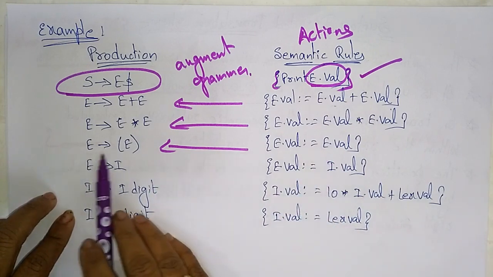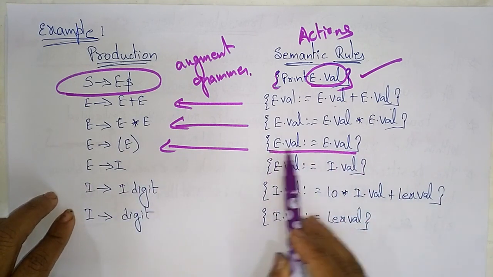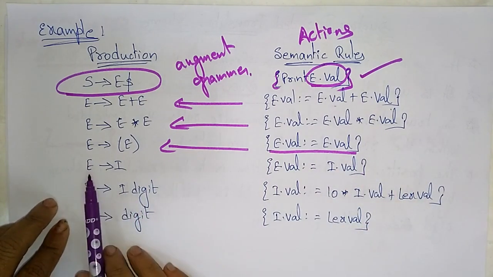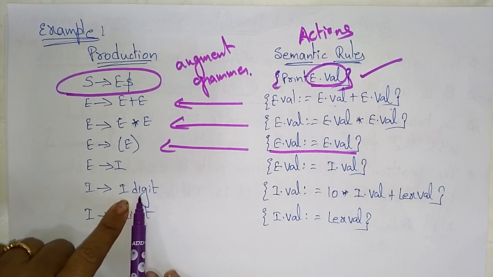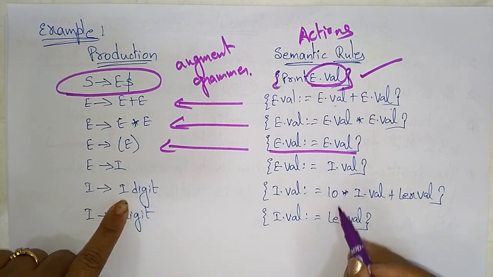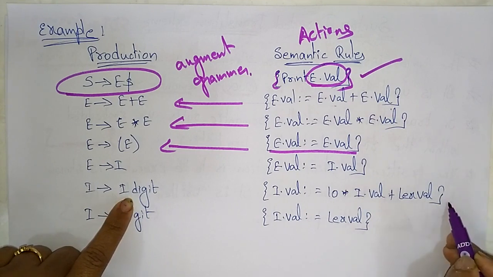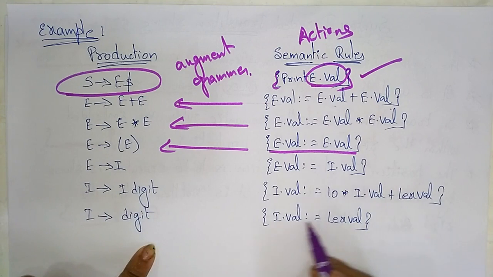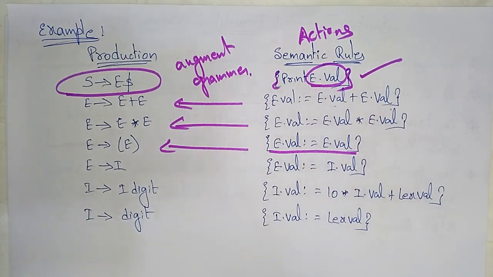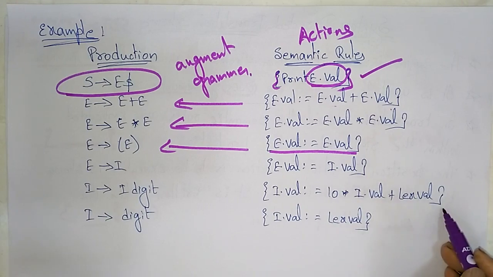Then E determines I, and here the digit is there. So this can be represented as 10 into I dot value plus lexical value, where the digit is taken as some number.